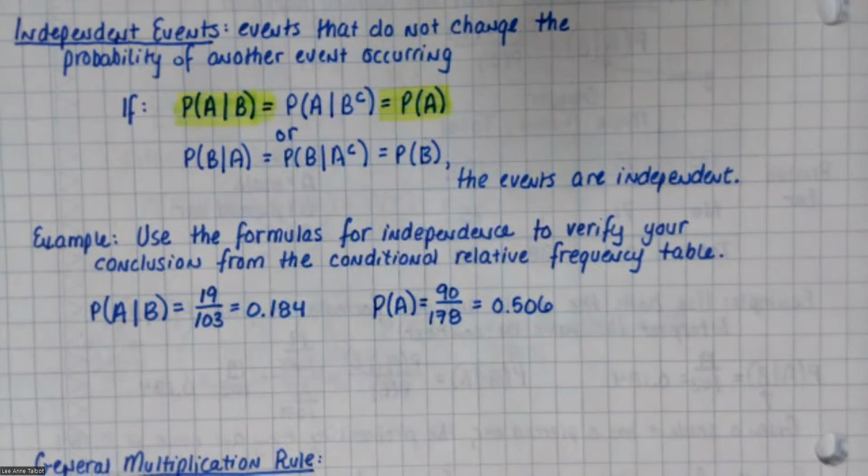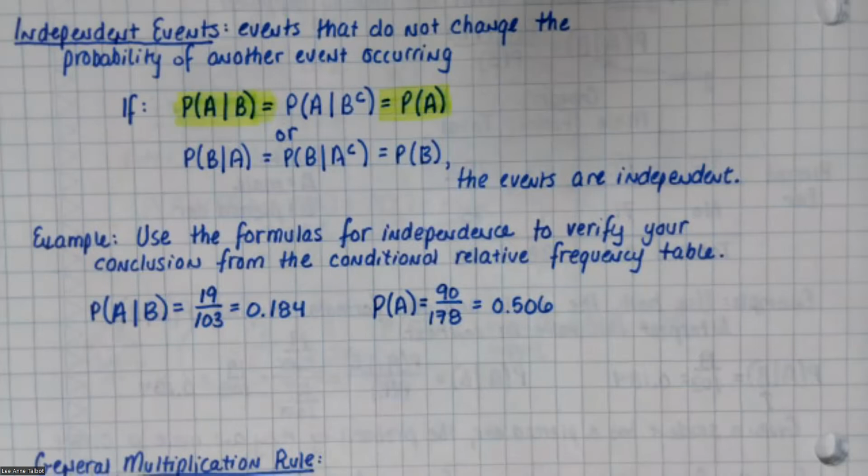Is knowing that someone has a pierced ear and they are male different from just being male? Yes. So that means they're not independent. They affect each other.